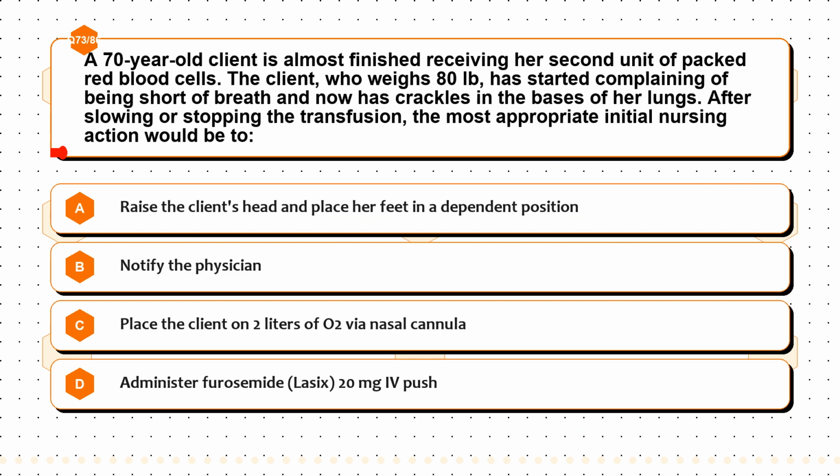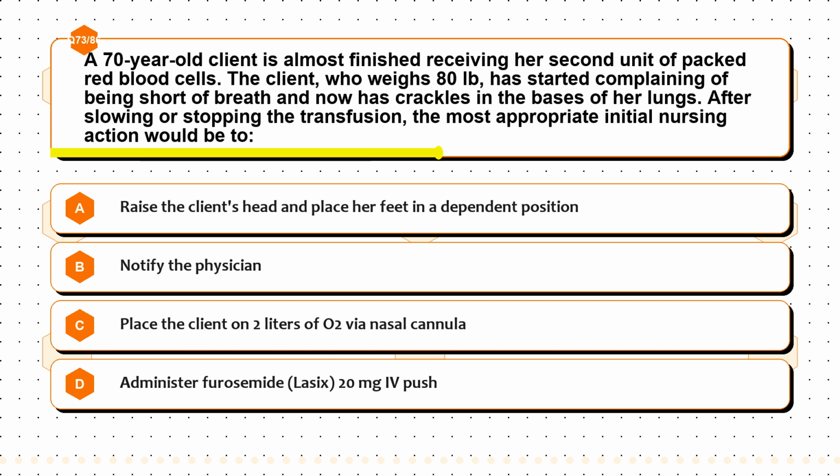Question 73. A 70-year-old client is almost finished receiving her second unit of packed red blood cells. The client, who weighs 80 lb, has started complaining of being short of breath and now has crackles in the bases of her lungs. After slowing or stopping the transfusion, the most appropriate initial nursing action would be to.